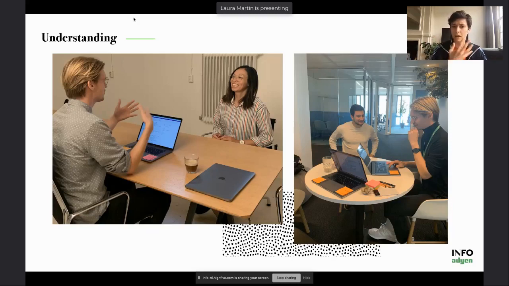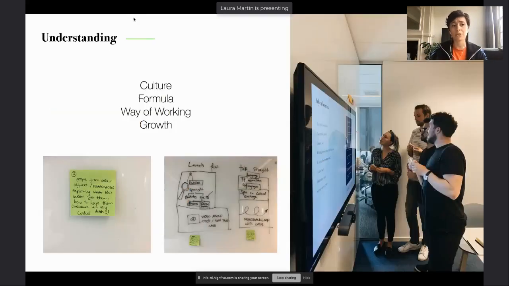So to have that diversity in terms of information. But as I mentioned, understanding the company was so important. So we really took some time to go into a deep understanding of, for example, the formula, how the values really impact the way they work, the growth, and how they really live these things in their day-to-day activities.